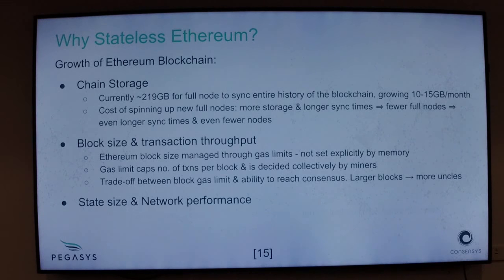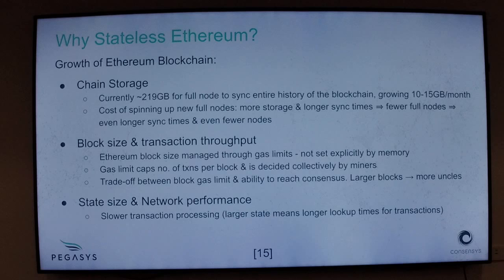Another thing, and quite a big thing, is the state size and network performance. Transaction processing means that we then have to update the state, the changes to the state. If we have to look up a bigger state to do the changes, then that's going to mean longer processing time for those transactions.